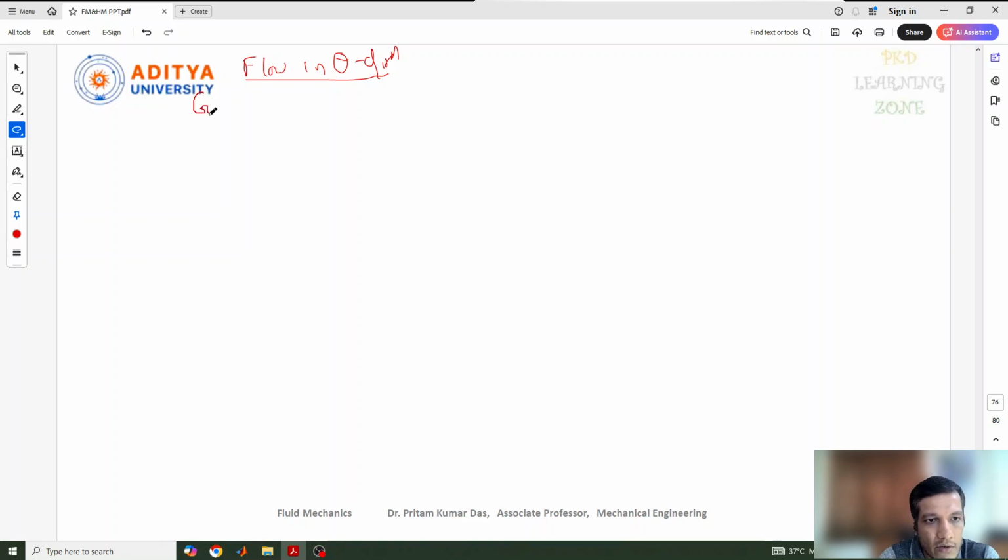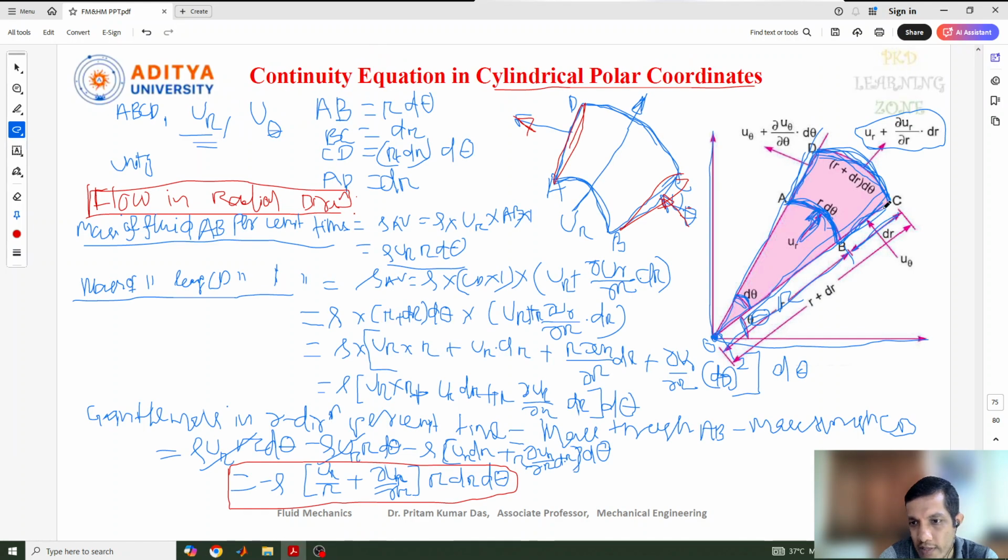For that, again we can write the gain in mass directly. Let's write the gain in mass in the theta direction per unit time. Per unit time, we can write what is the mass through the BC point, this one, and what is the mass through the AD point.